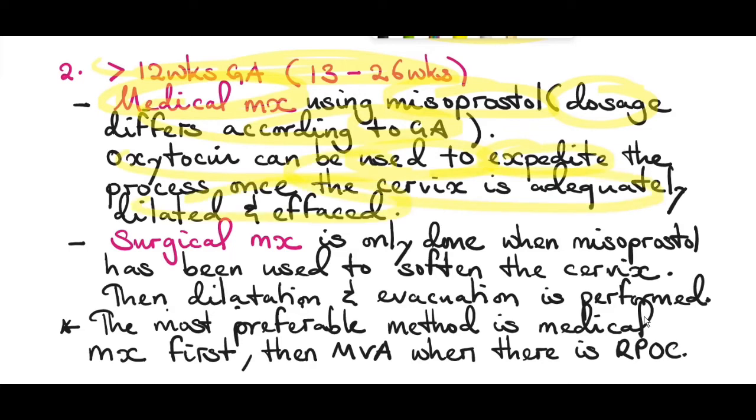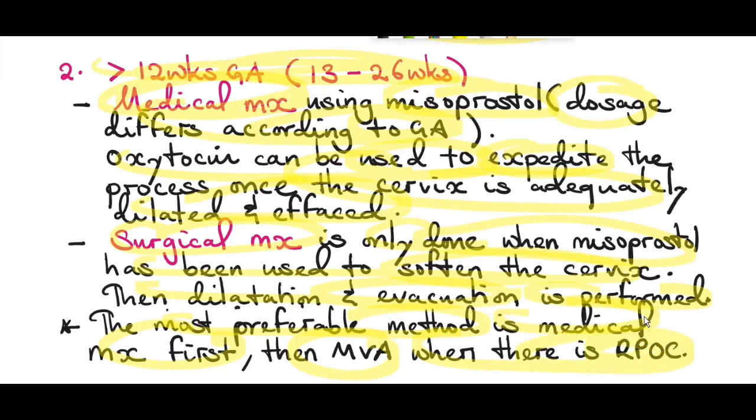Then you can also have a surgical management. It is only done when misoprostol has been used to soften the cervix. Then dilatation and evacuation is performed. The most preferable method is a medical management first, then a manual vacuum aspiration when there are retained products of conception.